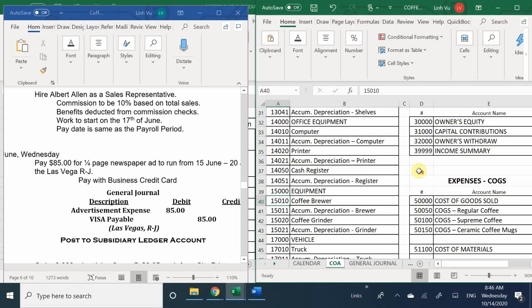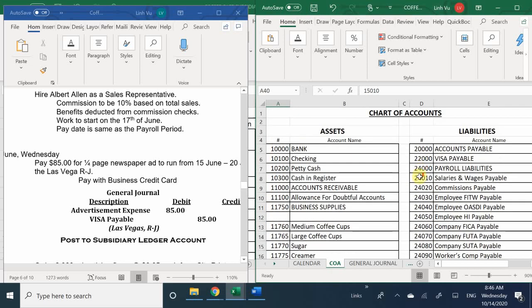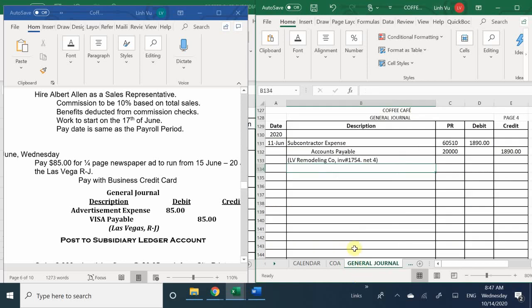So we're going to look at our liabilities, and can you tell me what it is? 22,000 for the Visa payable. And because we are purchasing advertising, this is our first time looking into advertising expense. So, with that being said, let's go ahead and journalize this transaction here.